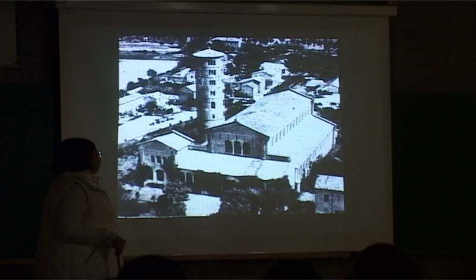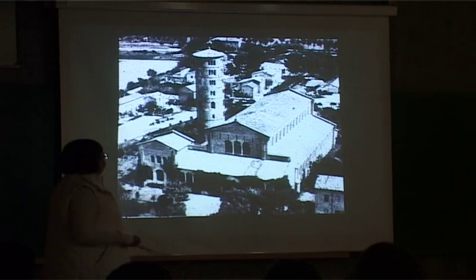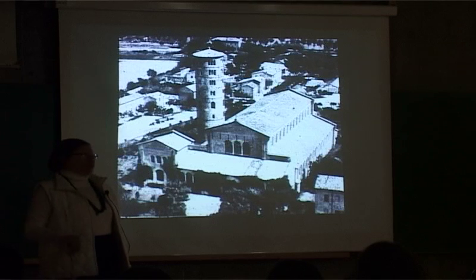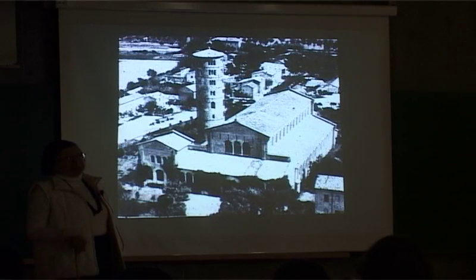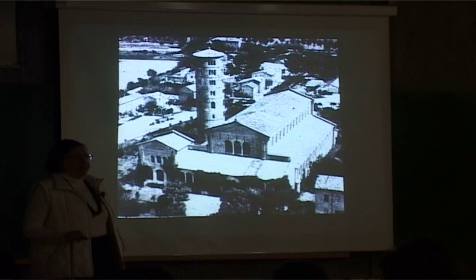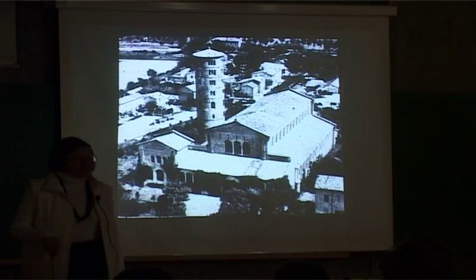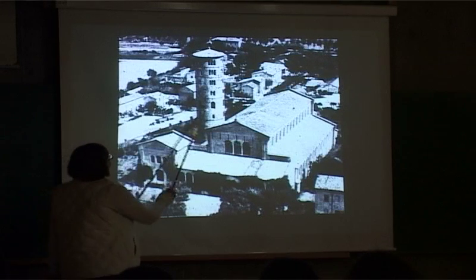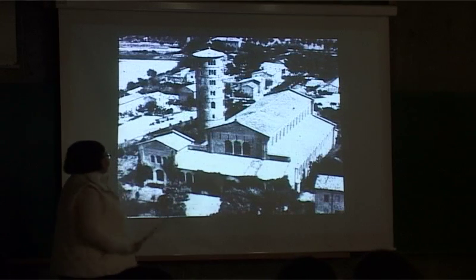Perhaps the building type that you see is the basilica, not very different than the early Christian basilica. We are talking about the 6th century, and in the 200 years that passed, the model of the early Christian basilica has hardly changed at all. This is a later addition, so disregard that.